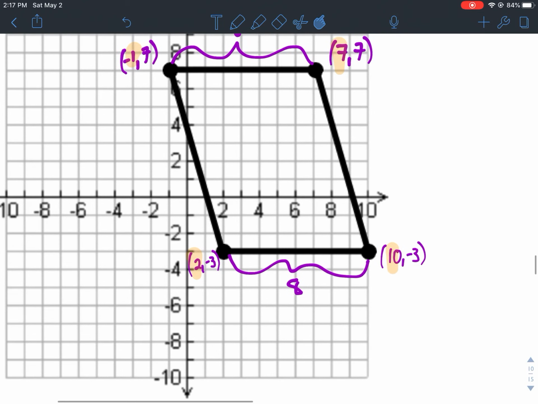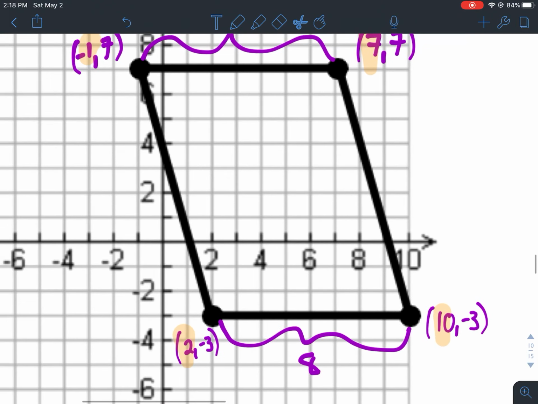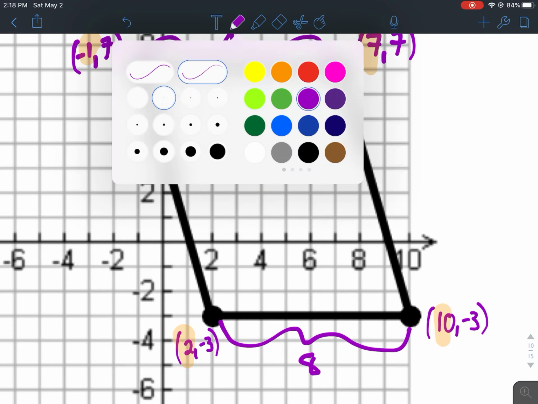So we were able to find the length of those two sides of the parallelogram, but now we have to find these slant sides, or diagonal sides. They're not straight, they're diagonal, in other words, slant. So we have to use prior knowledge to figure out what those lengths are.